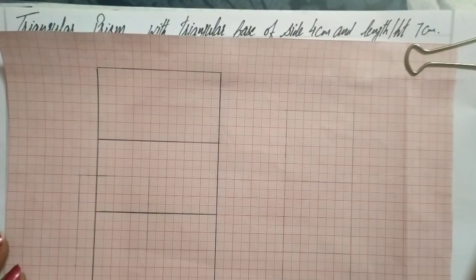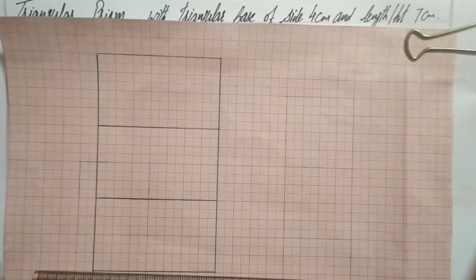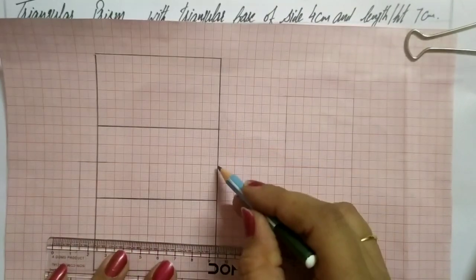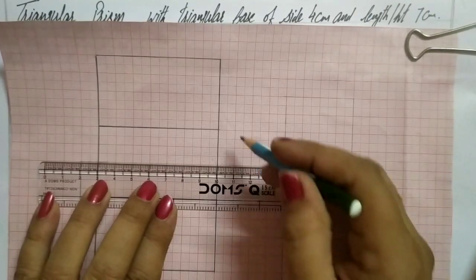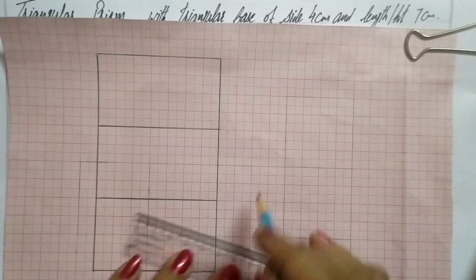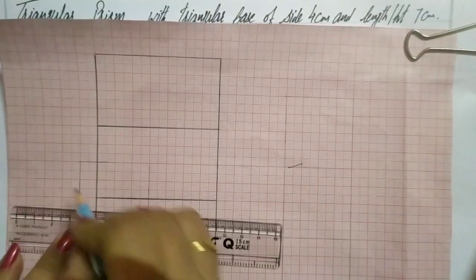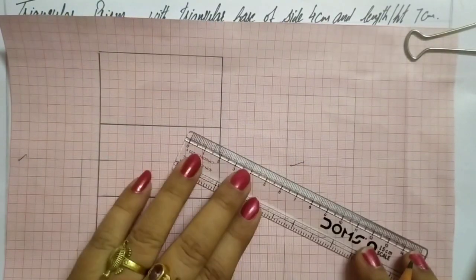Now we need equilateral triangles on the middle part. So what is the midpoint of this? This one. It means now the measure of this slant side should be 4 cm at this part, because this is the midpoint of the middle rectangular part.